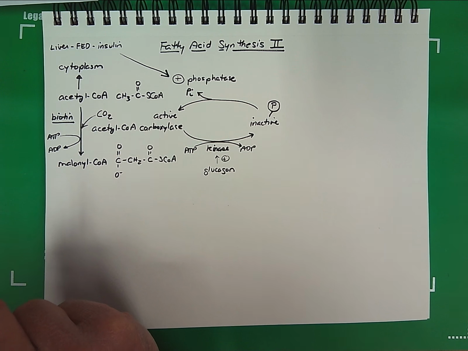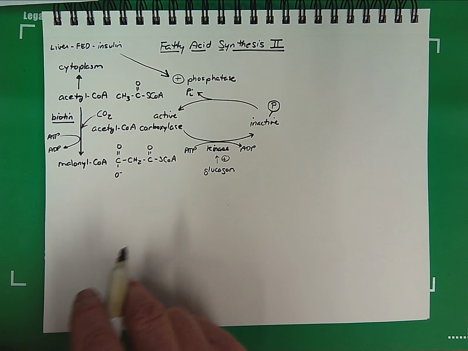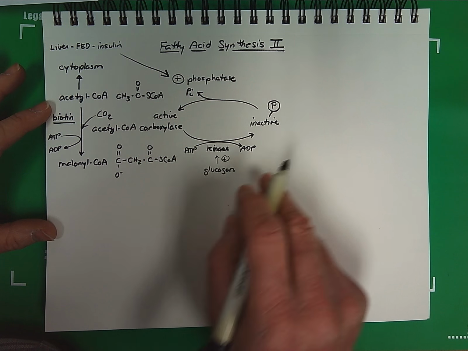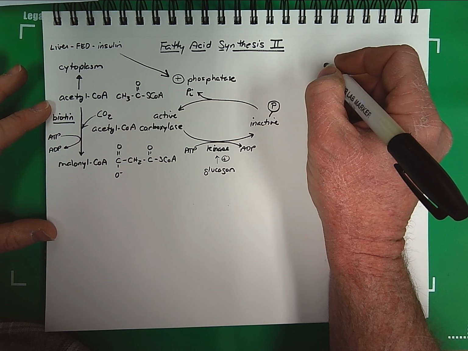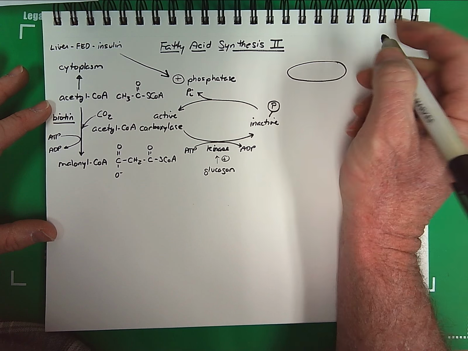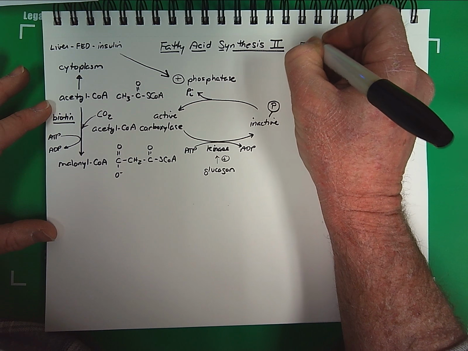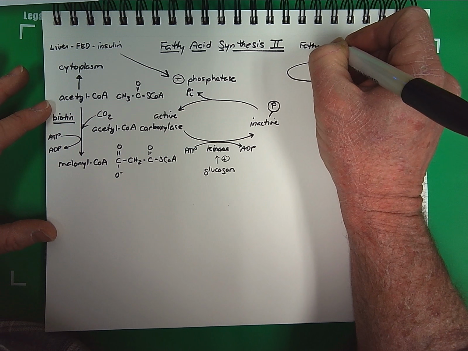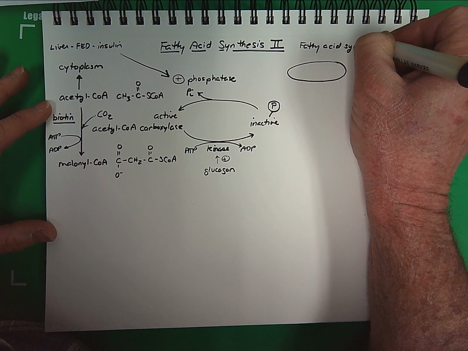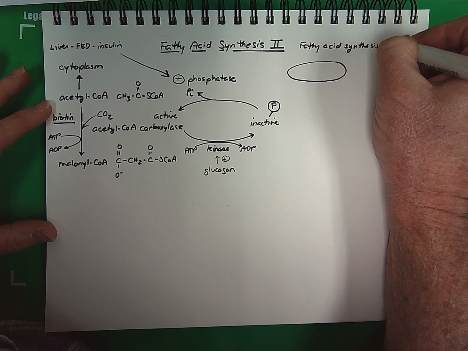Now the next step is now we have malonyl-CoA. Now we are going to perform our series of reactions to generate a fatty acid. So what we have to look at now is a very large molecular complex, which is called the fatty acid synthesis complex.